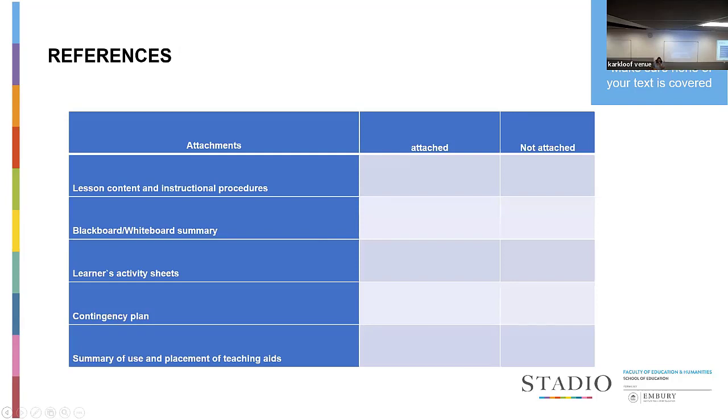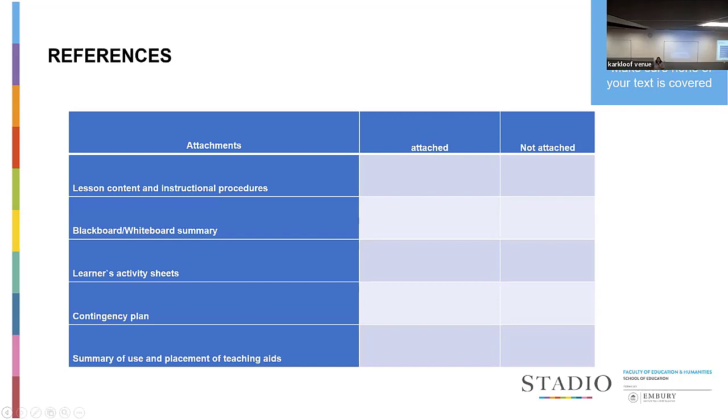In the reference part of your plan, you have a checklist with the lesson content and instructional procedures. What are the summaries that you will be putting on the board? Your learner activity sheets, your contingency plans.